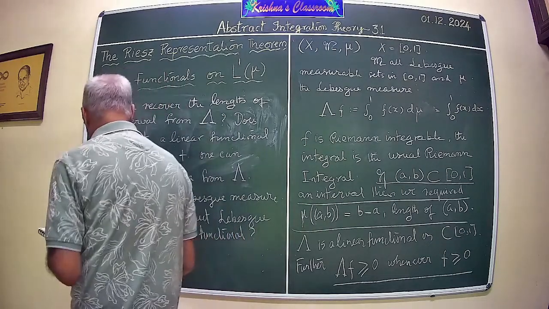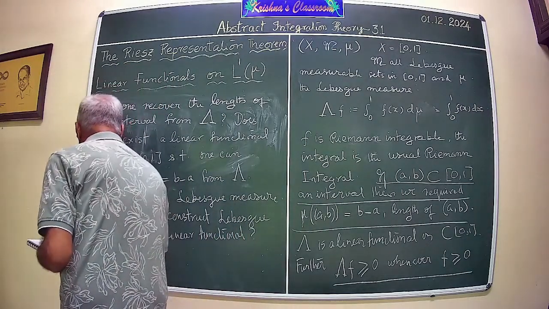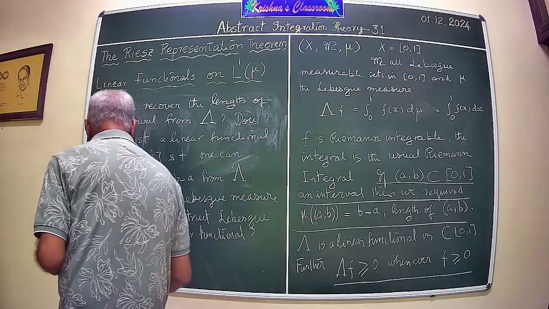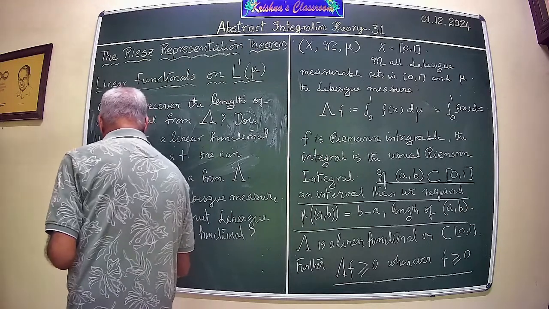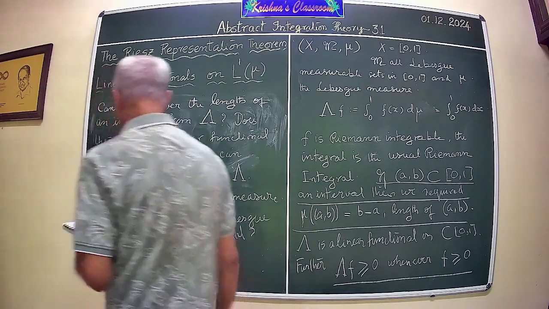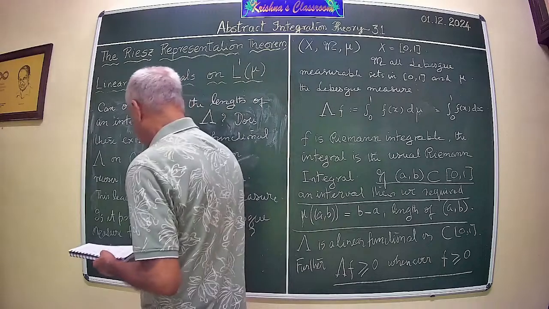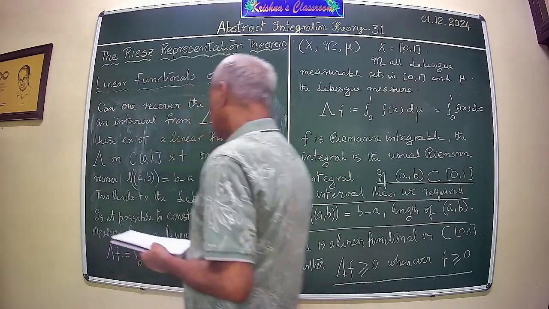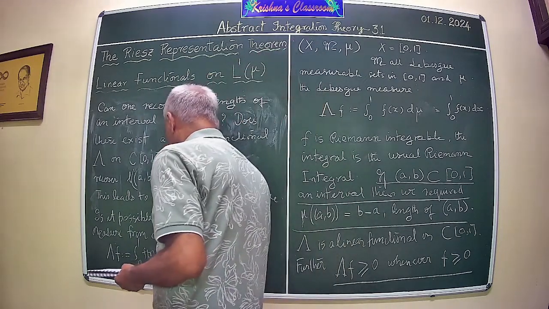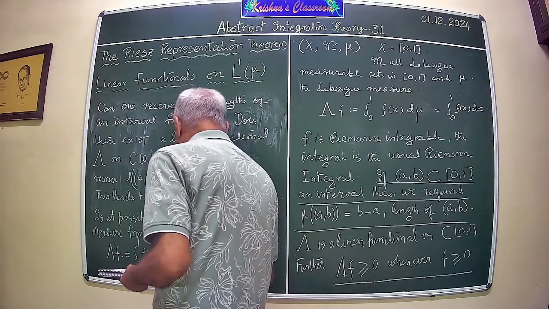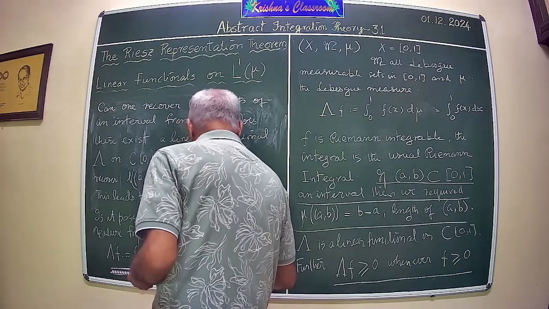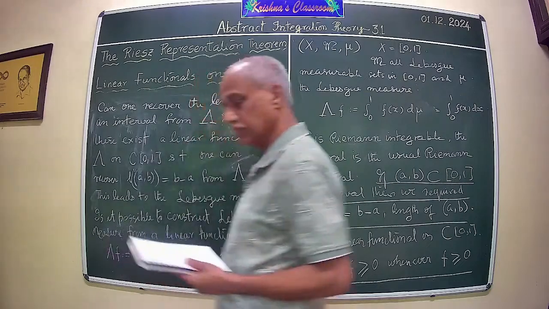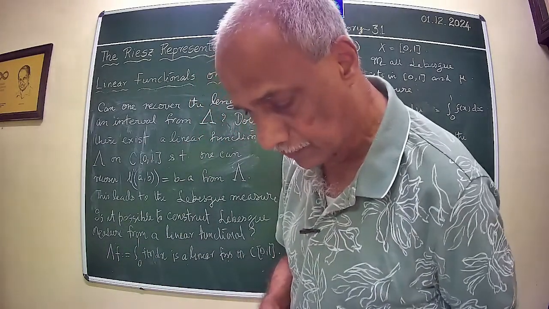Now you see that lambda f defined as the integral from 0 to 1 of f dx is a linear functional. This we have seen. We shall use this.